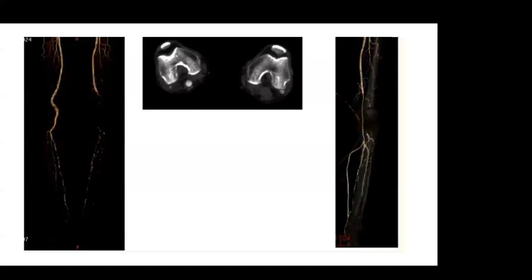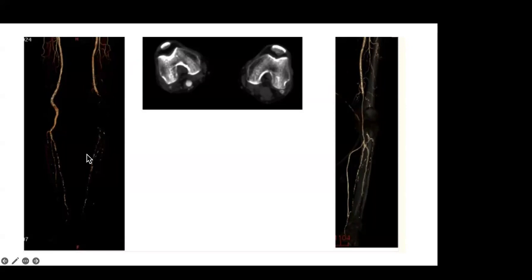This is an image of acute limb ischemia. This is a CT image wherein we can see that there is a complete thrombotic occlusion in the left popliteal segment. Beyond that, there is no visible blood flow.